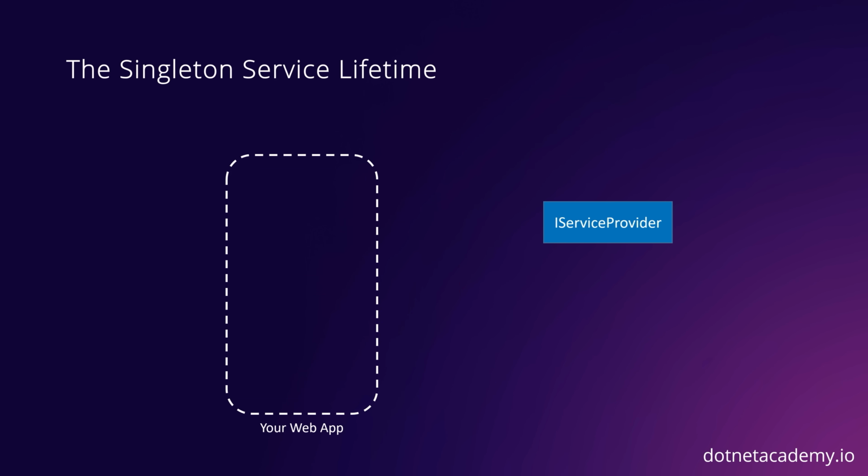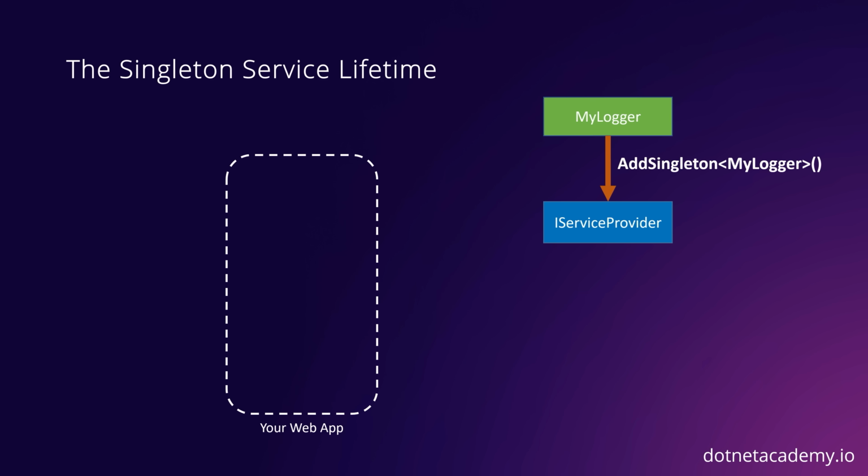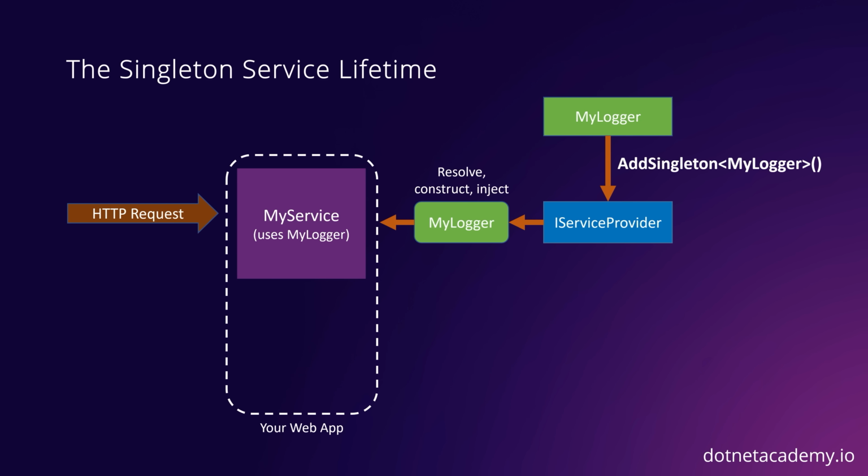Finally, let's say that my logger is not cheap to instantiate, and it keeps track of a state that should be shared with all classes that request it during the entire lifetime of your application. Then you would register my logger with the AddSingleton method. As usual, when an HTTP request arrives, the IServiceProvider will resolve, construct, and inject a new instance of my logger into my service.